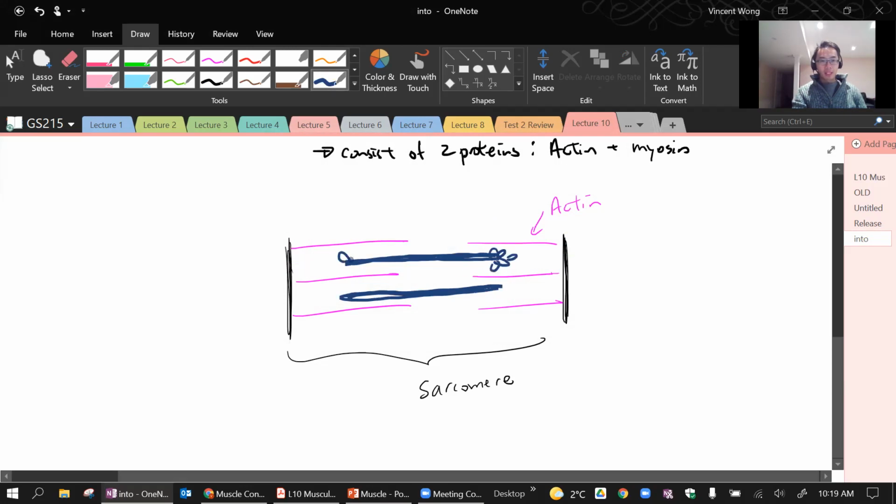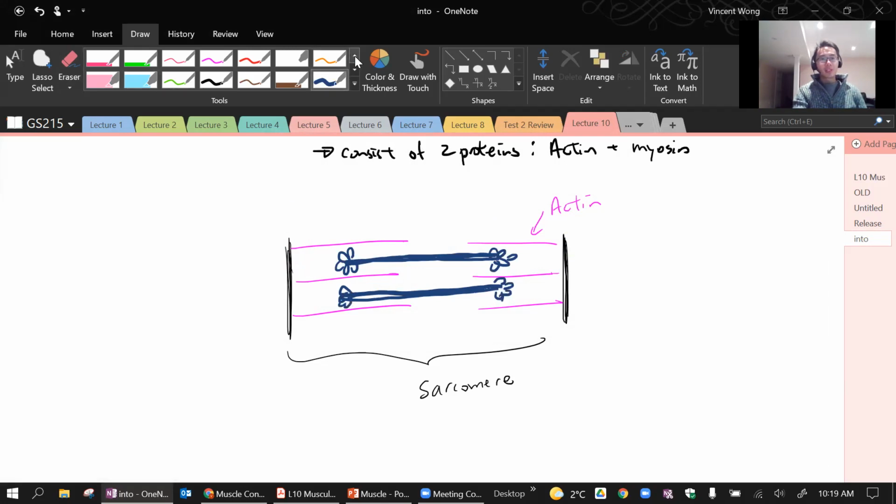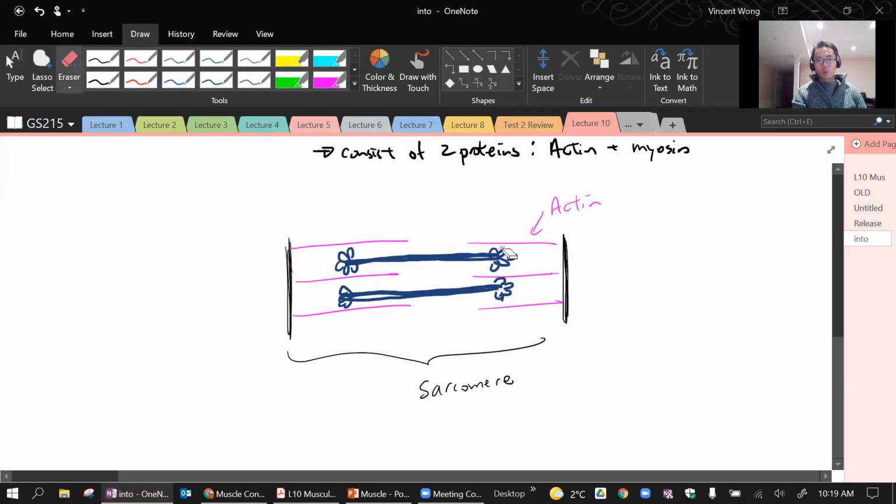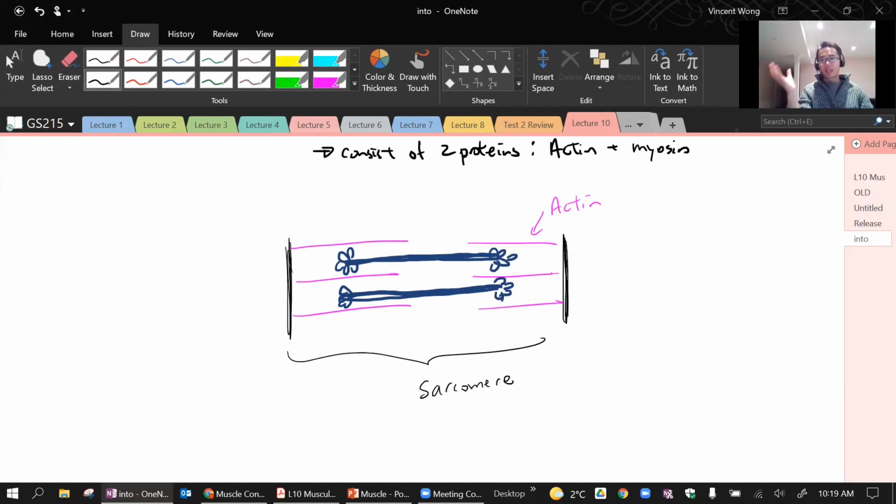This is called the myosin head. What happens is the myosin heads grab onto the actin. Think of this as the head. They grab onto the actin and then they pull, and then they let go, and then they grab again and pull, let go, grab and pull.